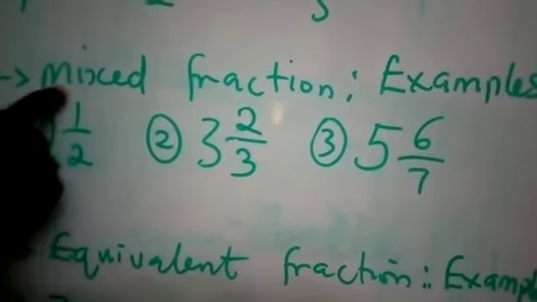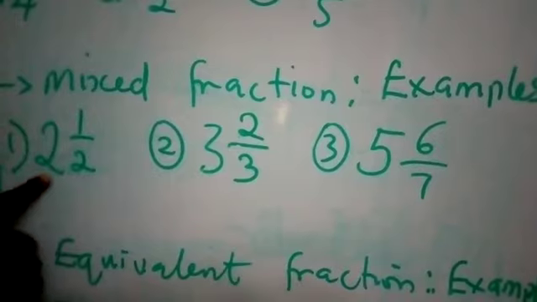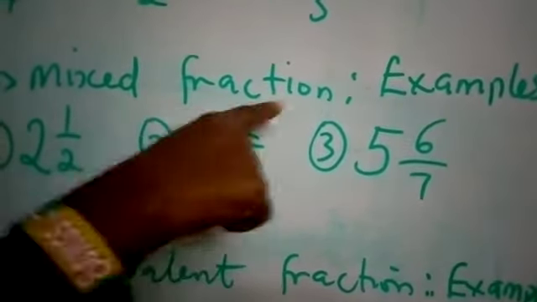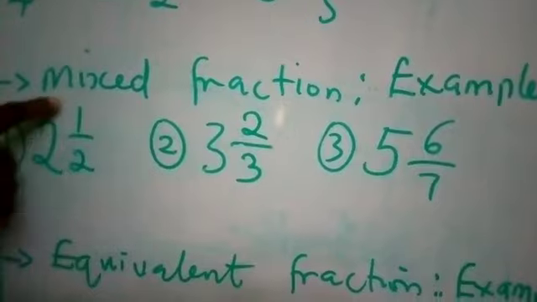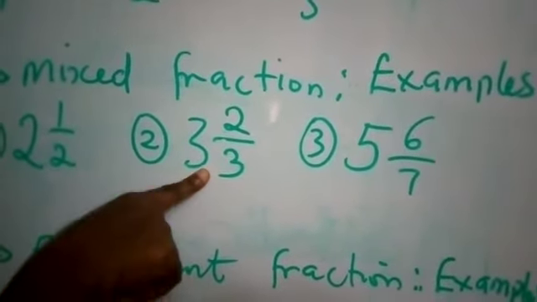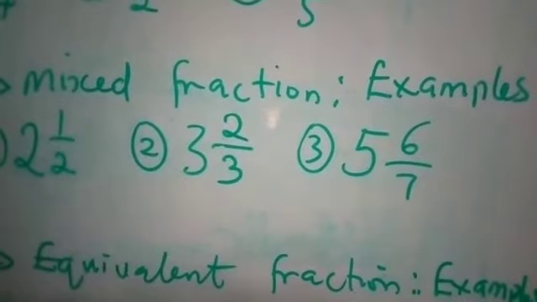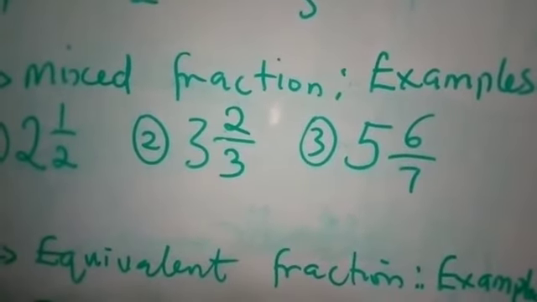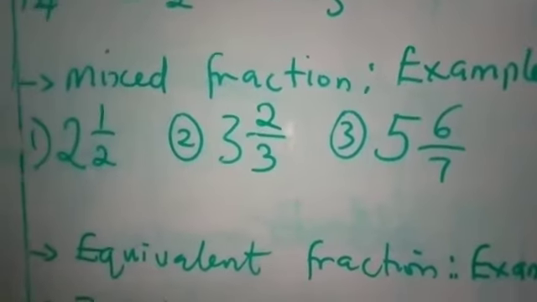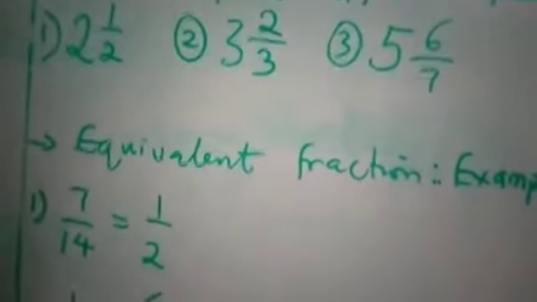So we have a complete fraction there, and then there is this introduction of a whole number, which is 2. That makes it mixed. So 2 whole number, 1/2 is a mixed fraction. Same here, 3 whole number, 2/3 is a mixed fraction. 5 whole number, 6/7 is also a mixed fraction or a mixed number.